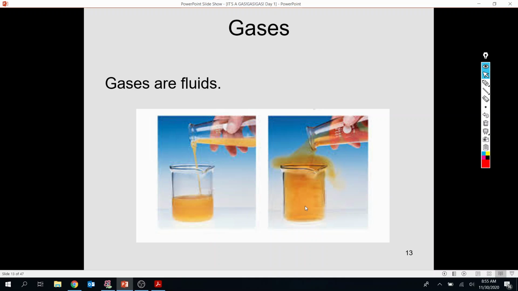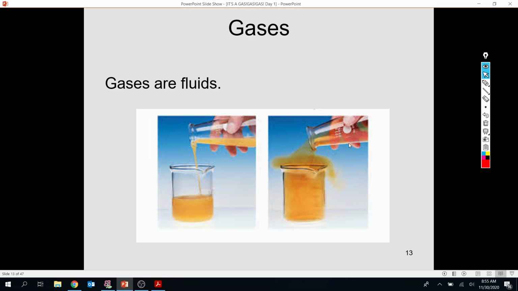All right, and gases are fluids. Mr. Willis, do you mean liquids? Is that the same as a liquid? No, it is not. Gases are fluids. A fluid is anything that can flow, anything that can be poured and can move like that. So here you see a liquid being poured out in a way that you're familiar with.